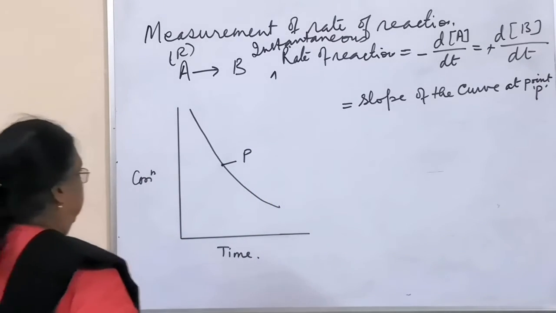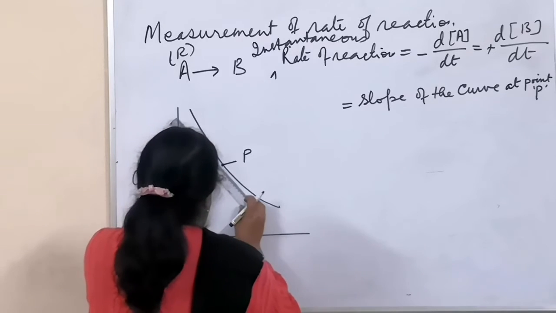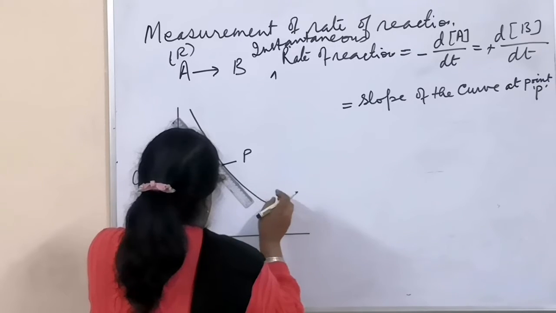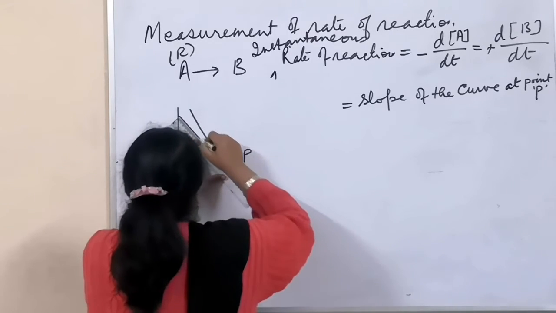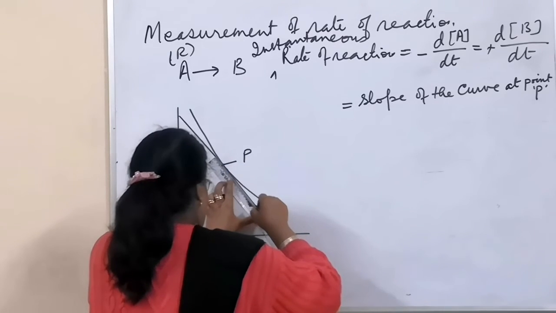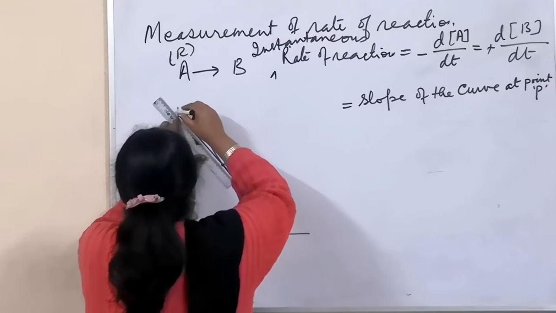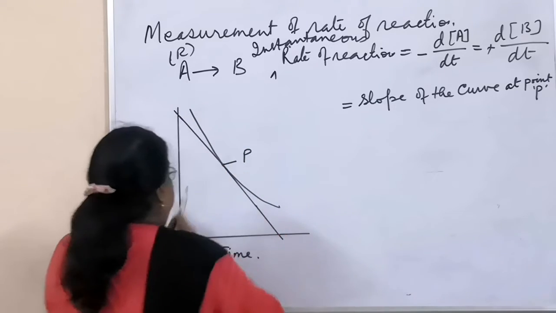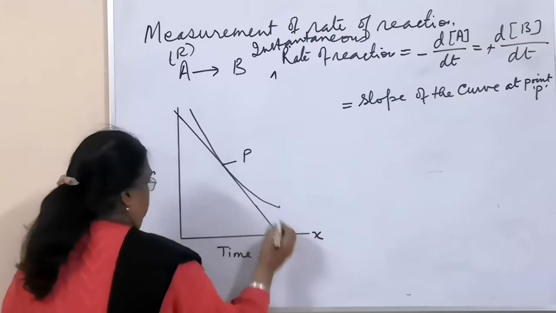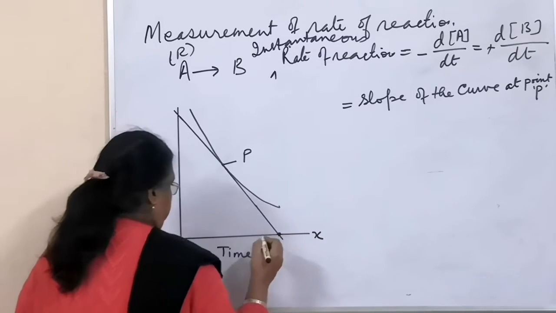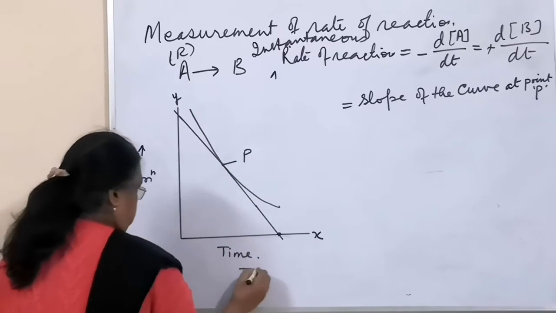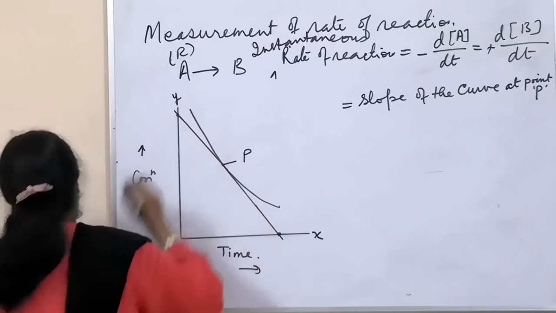So how can we find it out? If we draw a tangent, a line passing through point P, that intersects the time axis at this point and the concentration axis at this point.